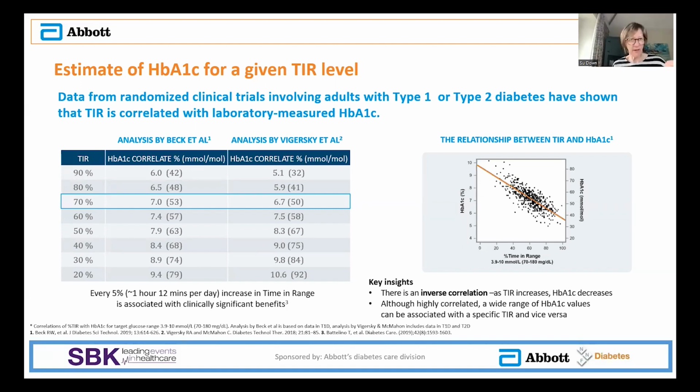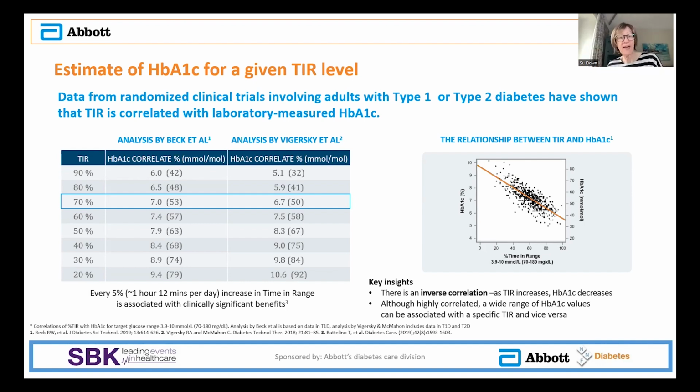And then coming down the other end, if you spend 20% of your time in that glucose range of 3.9 to 10, your HbA1c will be somewhere between 80 and 90. So we absolutely can tell where somebody's time in range is as to roughly what HbA1c they're going to get.